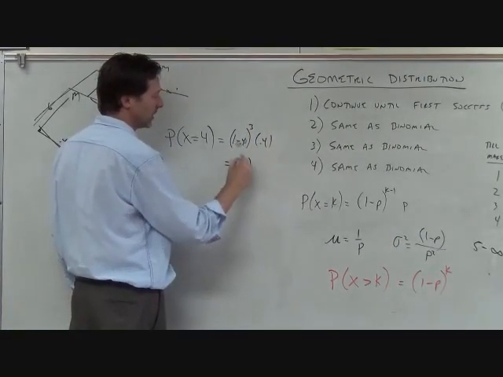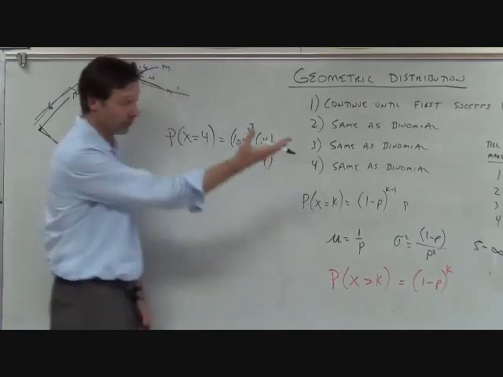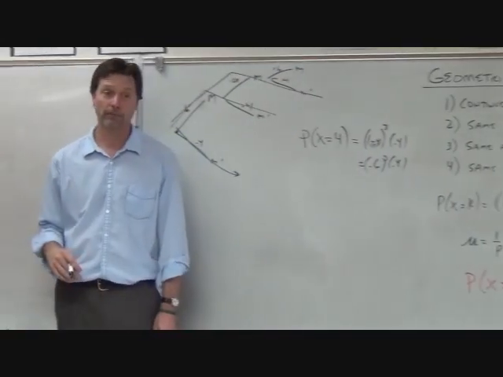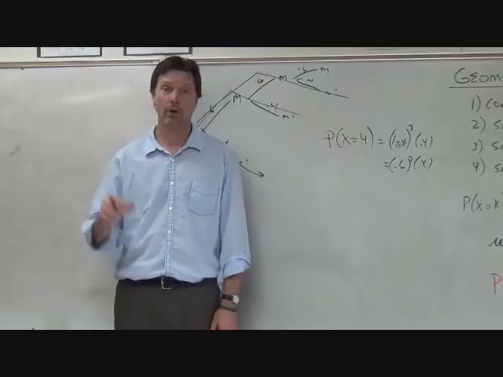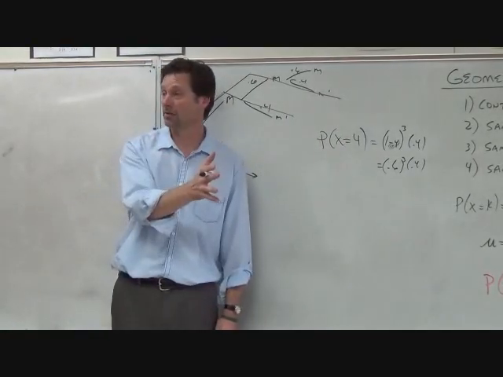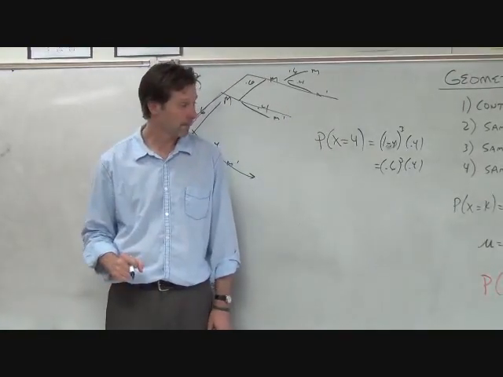In other words, 0.6 to the third times 0.4, which is what you guys figured out over there. Okay, so I want make, and then miss for the beyond the 4th one.